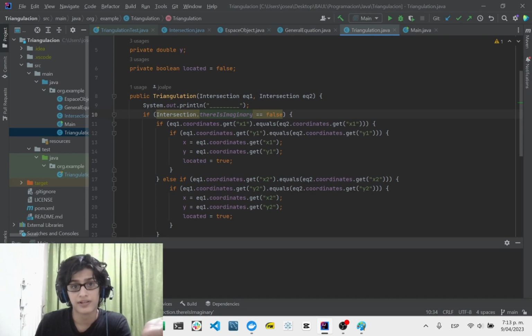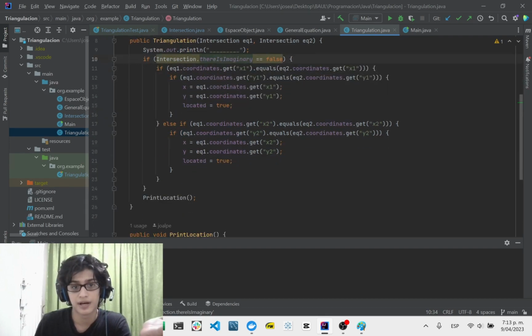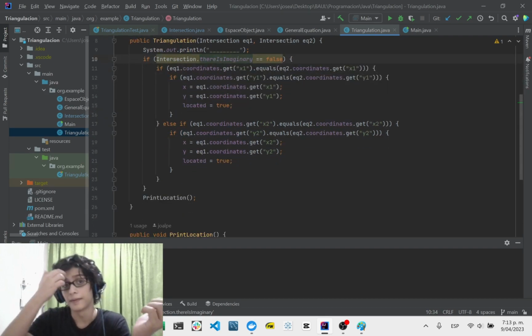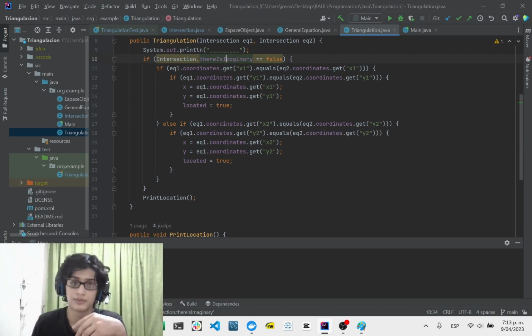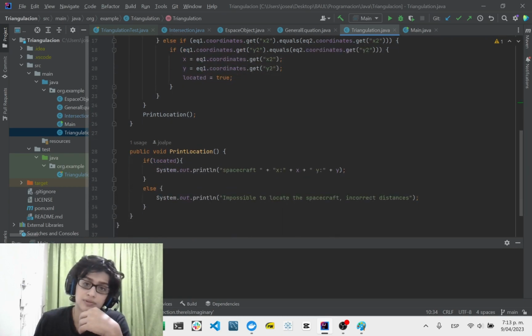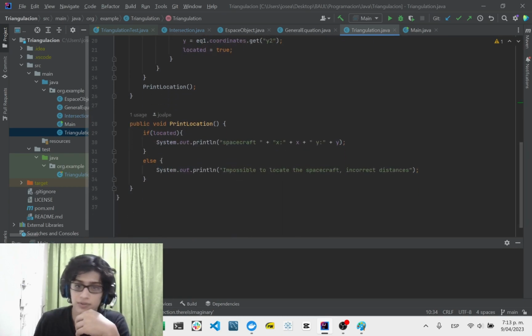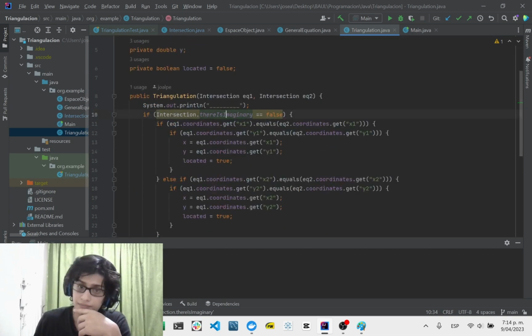If imaginary is false, it means that I'm going to do this. But if it is true, it's going to do nothing, and it only prints that it is impossible to locate the spacecraft with the given distance.